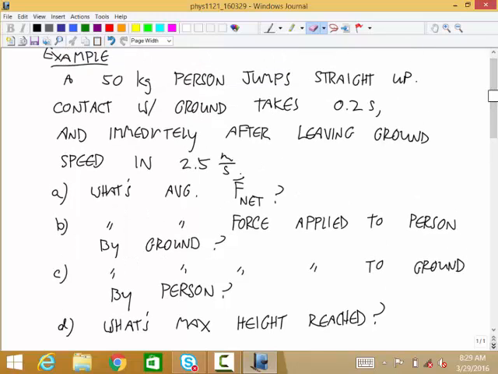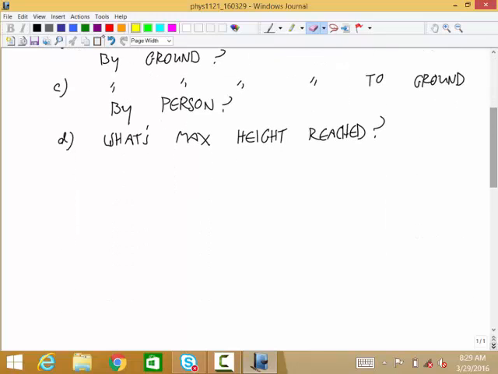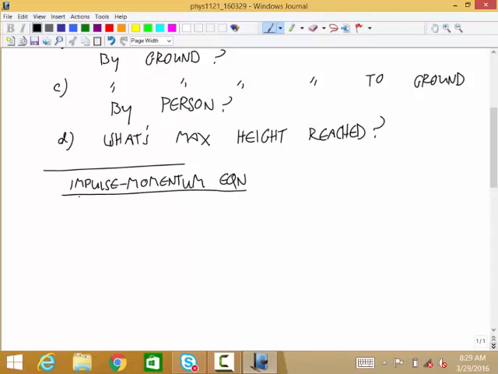Okay, so the start of this is the impulse momentum equation, which says that if you take the integral of the net force with respect to time, that's equal to the change in momentum.